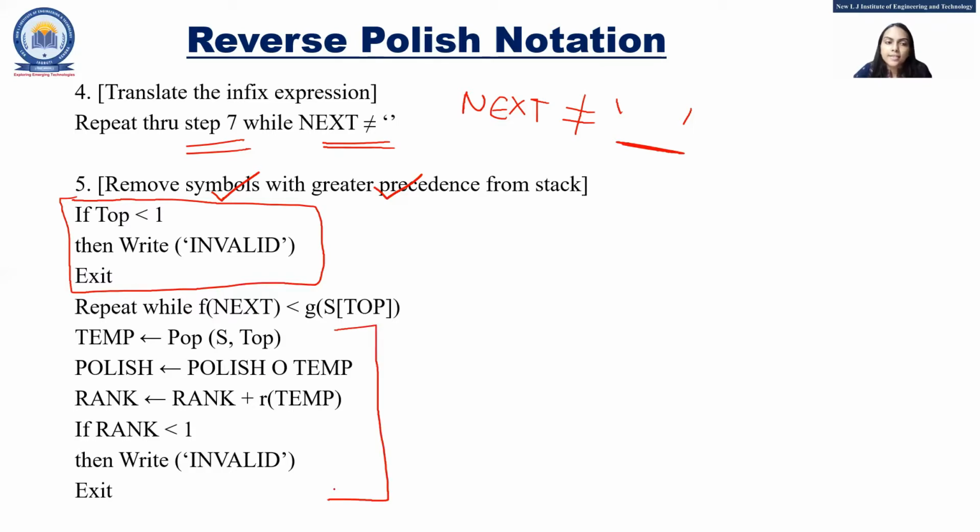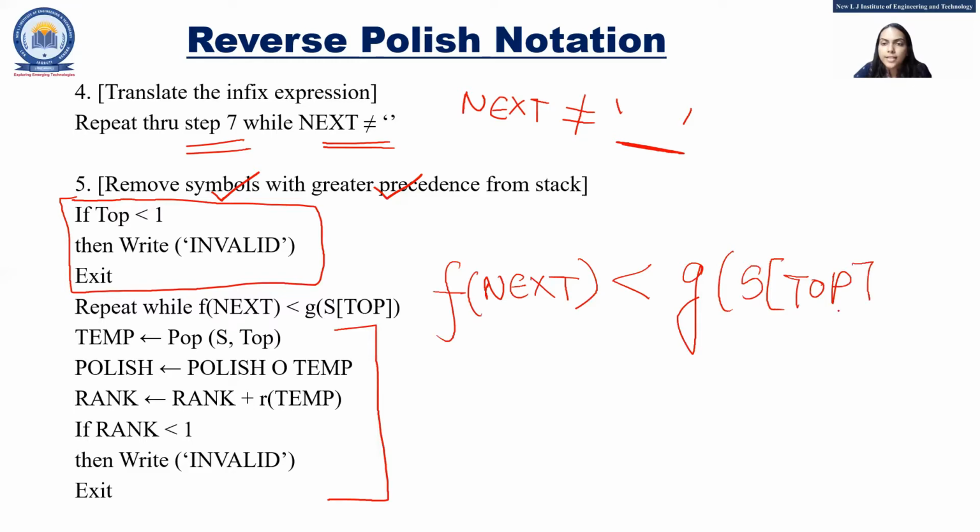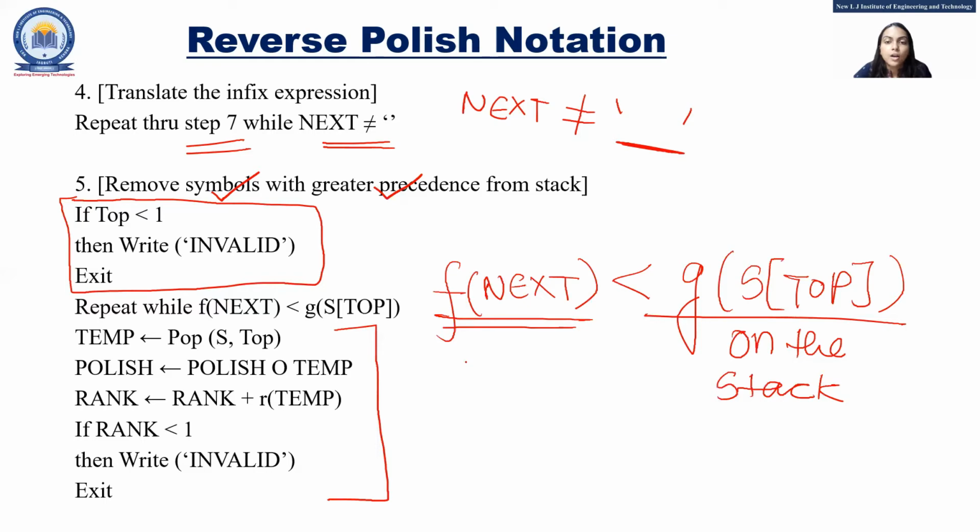What this code says is that if f of next, that is the element which is coming as input, is less than g of s of top, that is the precedence of the element on the stack, and f of next is the precedence on the input, then we have to pop.